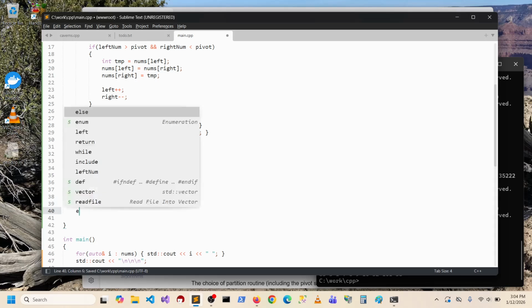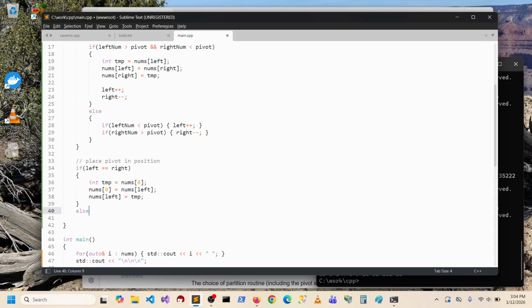Else, if left is greater than right. Because there's only two cases where it's either greater than right or equal to right. I think. Yeah, it's never going to be less.